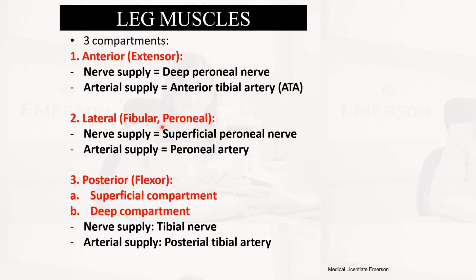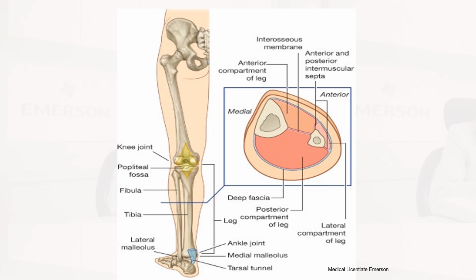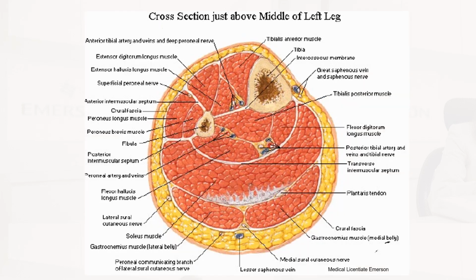The lateral, the fibular or peroneal compartment, has nerve supply from the superficial peroneal nerve and arterial supply from the peroneal artery. Then the posterior flexors have the superficial compartment and the deeper compartment. The deeper compartment has nerve supply from the tibial nerve and arterial supply from the posterior tibial artery. So this is the nerve supply and the arterial supply, at least a recap.